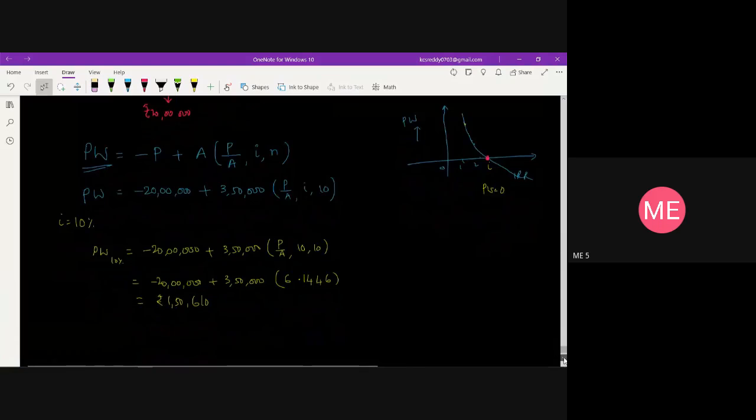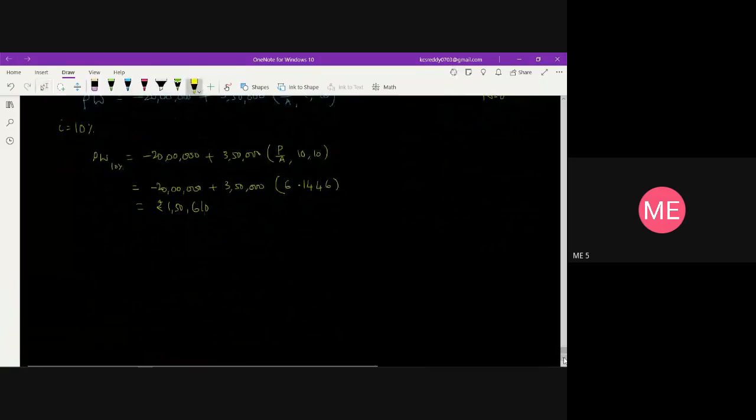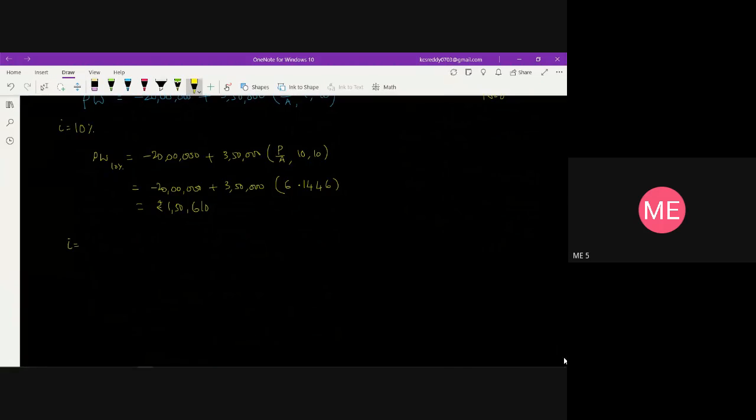The present worth is positive, which means I need to go for one more substitution, I is equal to, for example, 12%. So present worth at 12% is equal to, once again, I'll be using the same equation for the different values of I: minus 20 lakhs plus 3,50,000 times P by A, 12, comma 10.